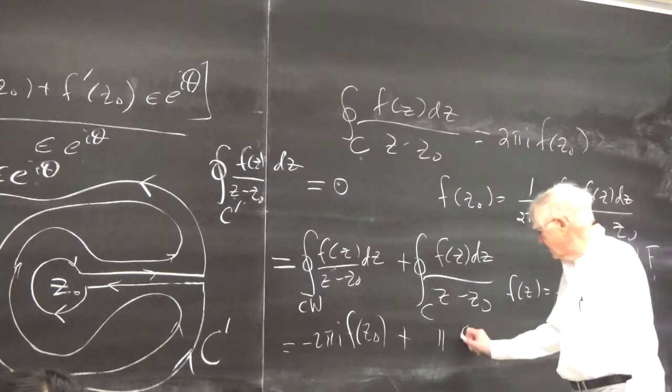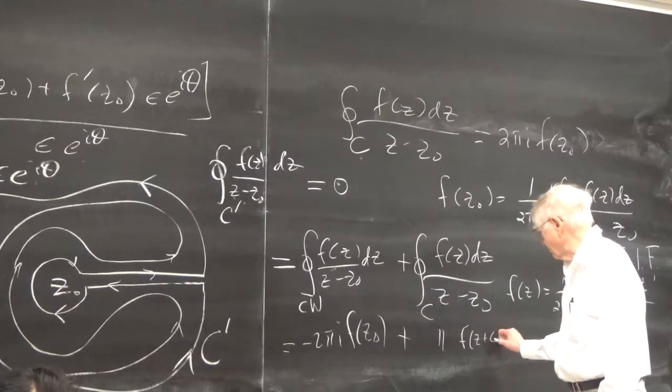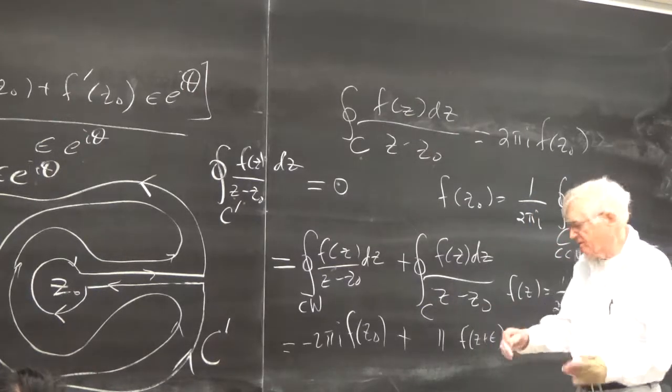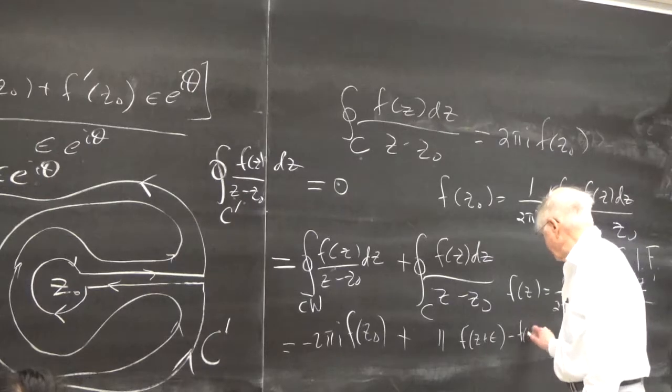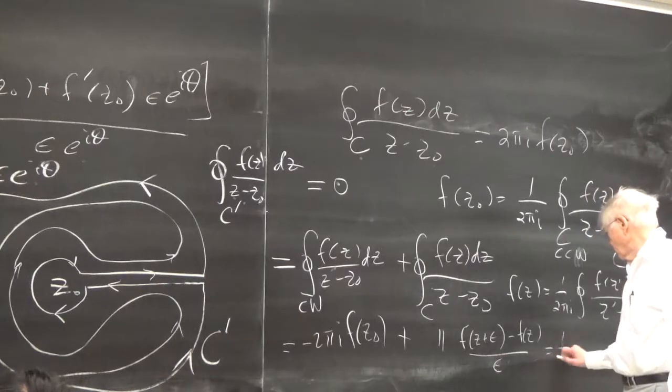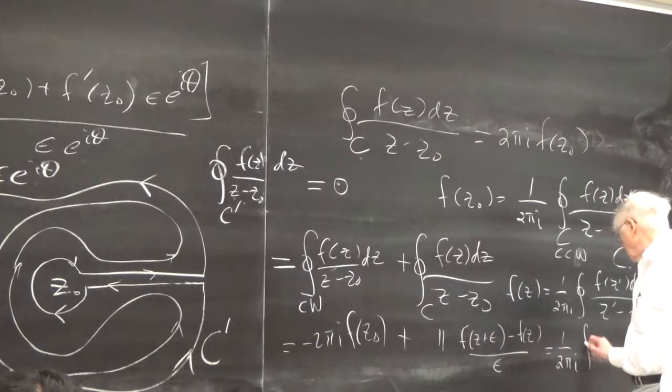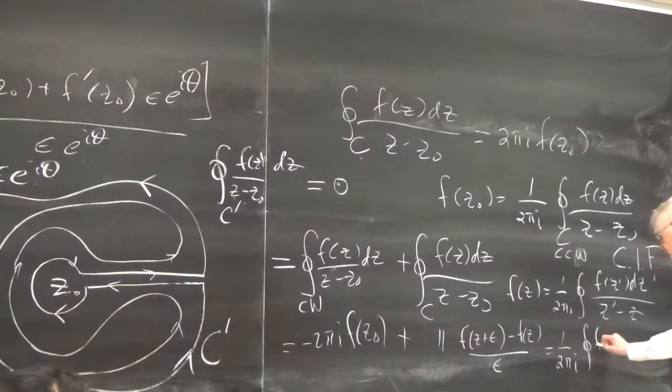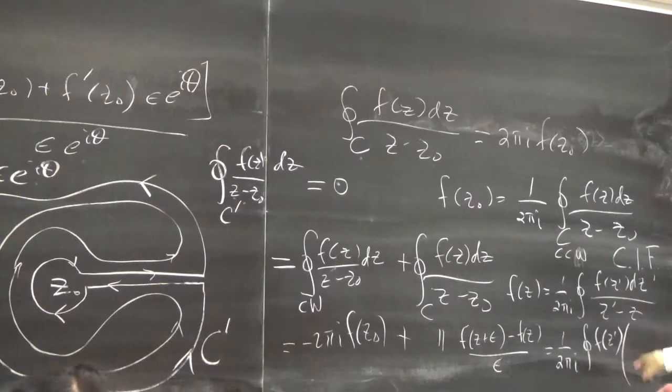The derivative would be f of z plus epsilon, epsilon being some small complex number, minus f of z, over epsilon. And so this would be 1 over 2 pi I integral f of z prime times 1 over z prime minus z minus epsilon, minus 1 over z prime minus z. So that's what we would have.